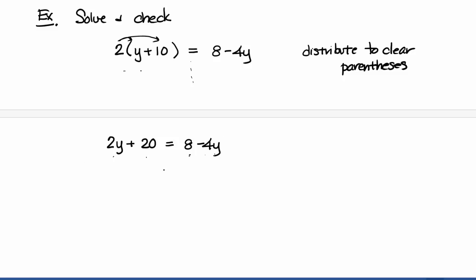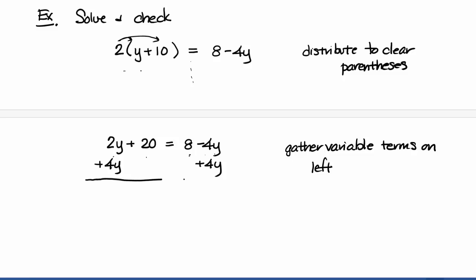So let's say we want to gather our variable terms on the left. Okay, so what I'll do is I'm going to bring all my y terms over there. So I'm going to add 4y on this side, add 4y to this other side. And remember, we only have sides when we have an equal sign, right? Minus 4y plus 4y goes to 0, so I have 6y plus 20 equals 8.